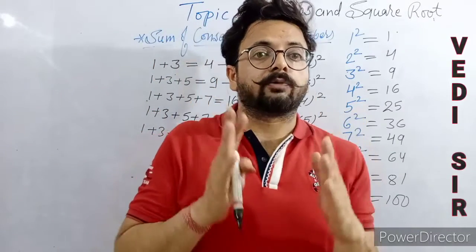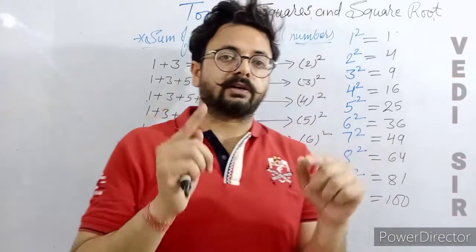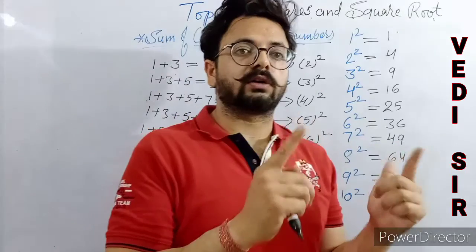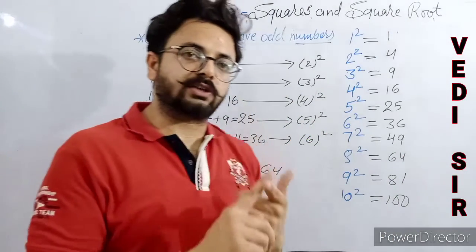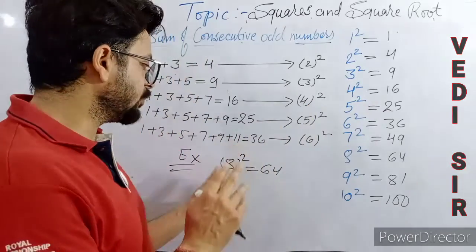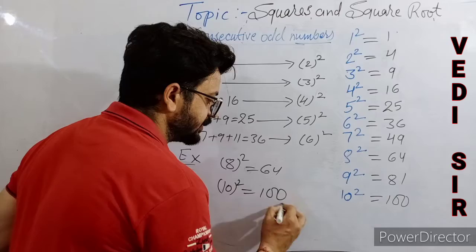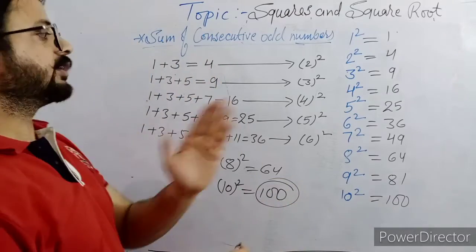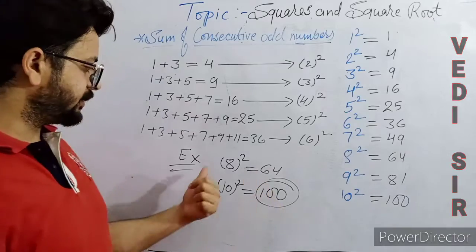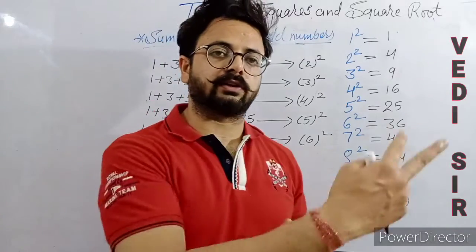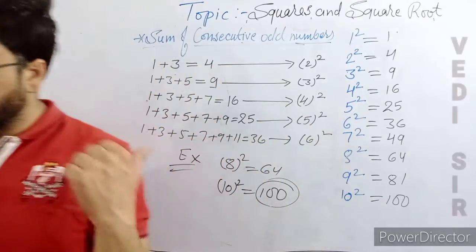I'm not saying the sum of any 10 odd numbers, but the first 10 odd numbers, taking natural numbers. So the sum of first 10 odd numbers is 100. If you write 10 odd numbers continuously and add them, you will get 100 only. Write 8 odd numbers continuously and add them, you will get 64. So this kind of question can also come.